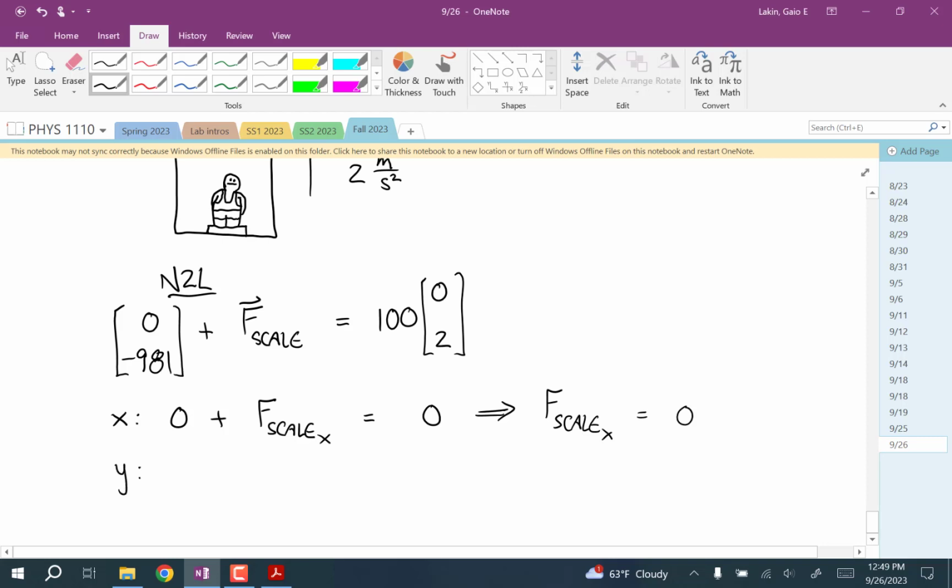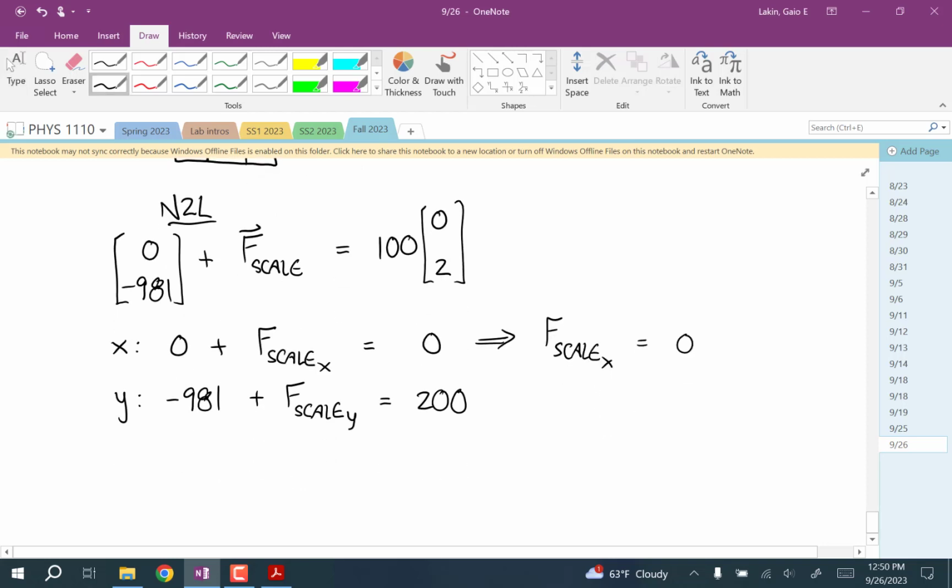And the y equation tells us negative 981 plus f scale y is equal to 100 times 2, so 200. And now add 981 to both sides, and you get that f scale y is equal to 1181 newtons.